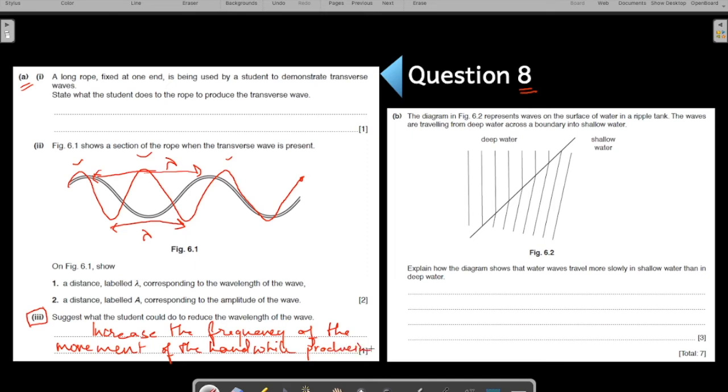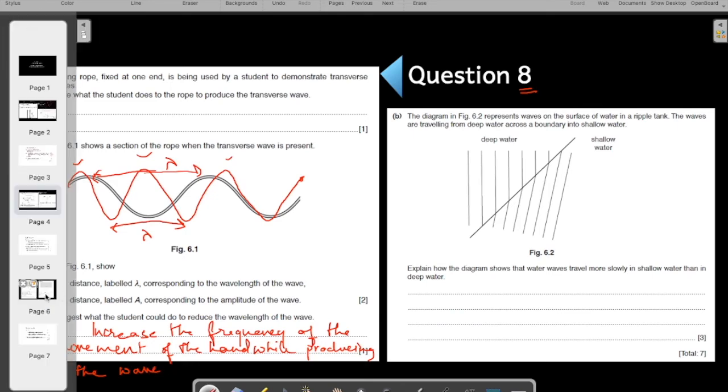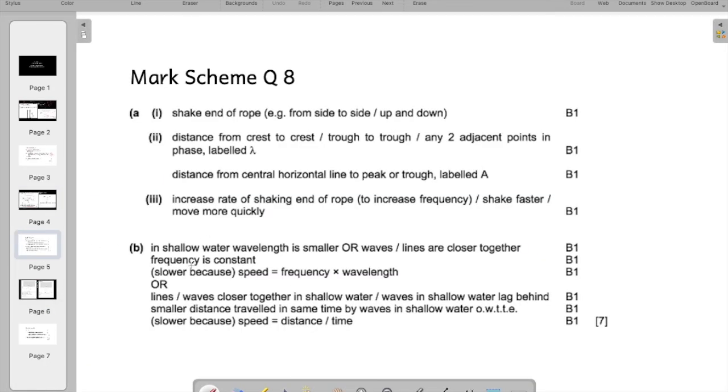Let us see. Increase the rate of shaking end of the rope. Shake faster or move more quickly.